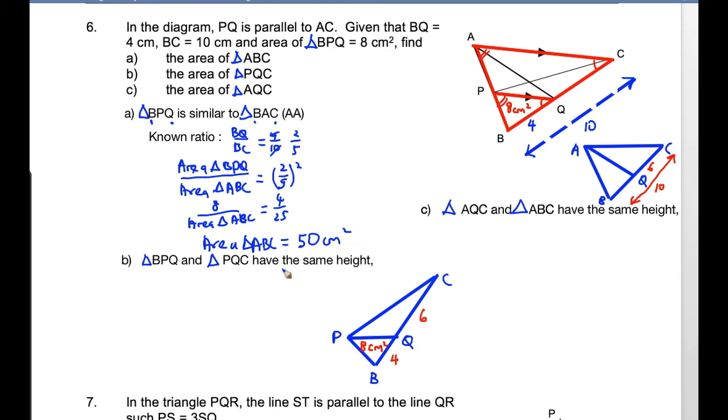In the second part, we have these two triangles BTQ and PQC. They are triangles with the same height as they branch out from the same point. This enables us to find the area of triangle PQC. The ratio of triangles with the same height is just the ratio of the bases.